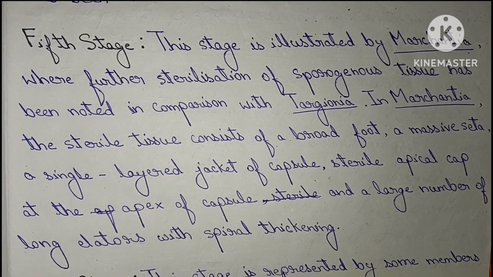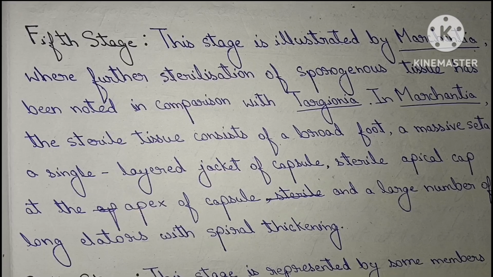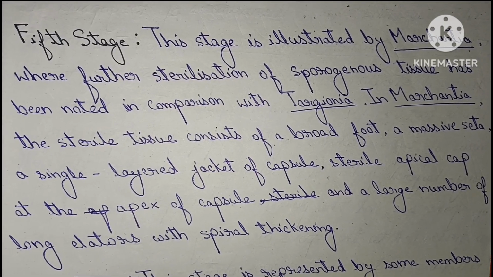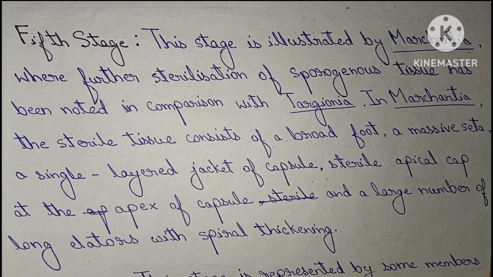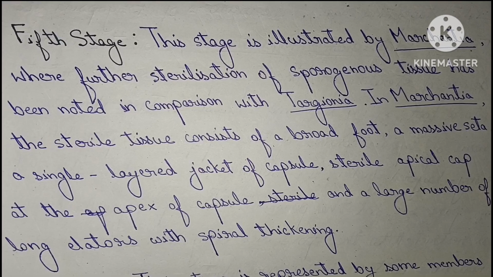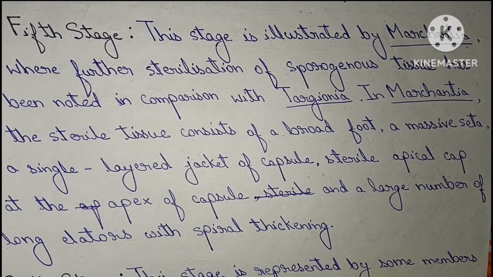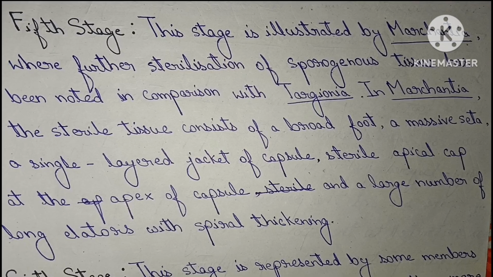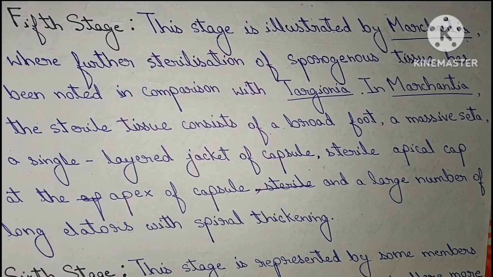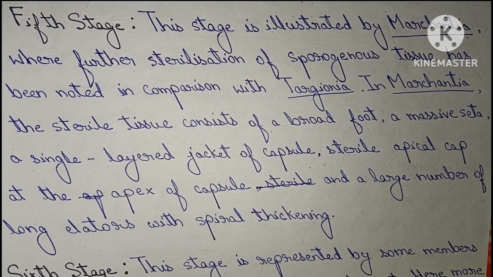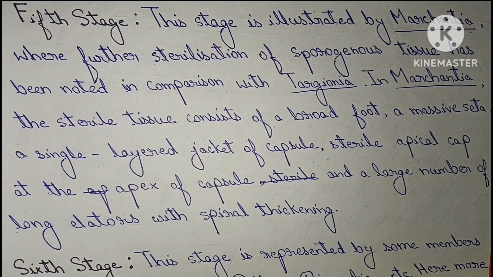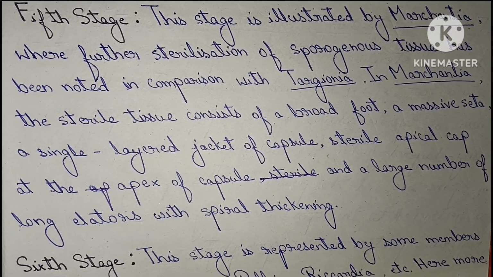Fifth stage. This stage is illustrated by Marchantia, where further sterilization of sporogenous tissue has been noted in comparison with Targionia. In Marchantia, the sterile tissue consists of a broad foot, a massive seta, a single-layered jacket of capsule, sterile apical cap at the apex of capsule, and a large number of long elaters with spiral thickening.